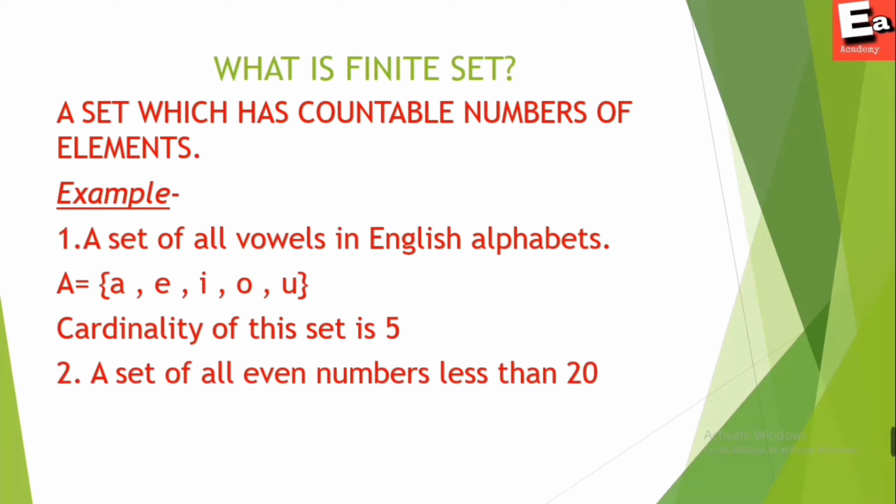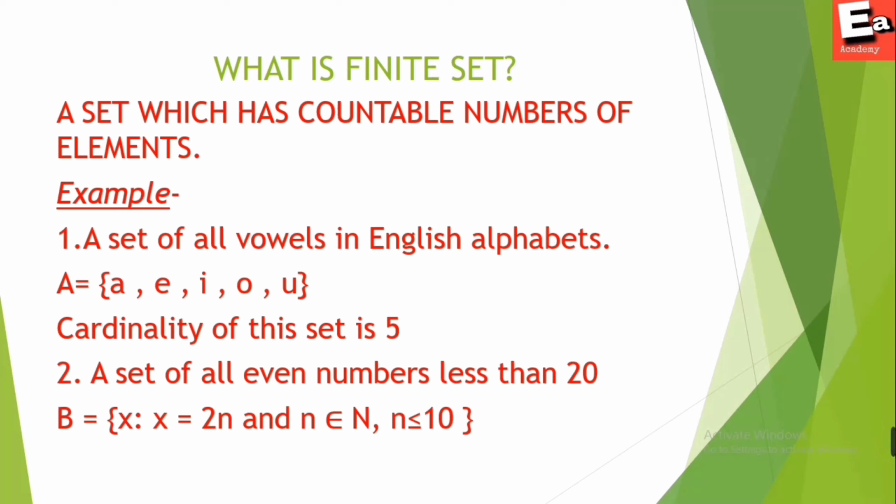Similarly, the set of all even numbers less than 20 can be represented as B equals x, where x equals 2 times n, and n belongs to the set of all natural numbers, and n is less than or equal to 10. Now the question is why n is less than or equal to 10?